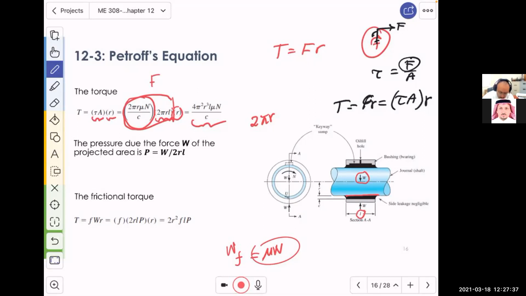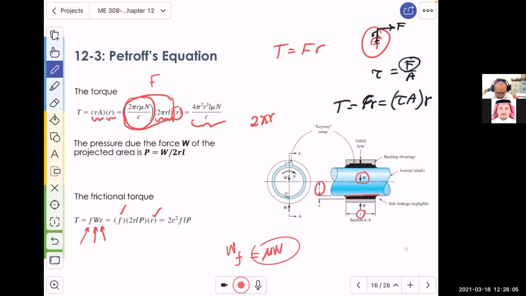So in here, look, I have the friction multiplied by W multiplied by R to get the frictional torque. The question is, F is the friction, which by the way is unknown, and R is this radius, the distance from the center of the journal to the surface. I don't know what W is.